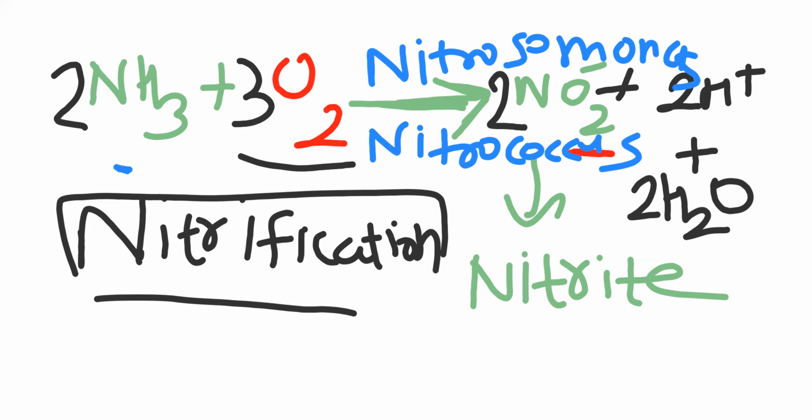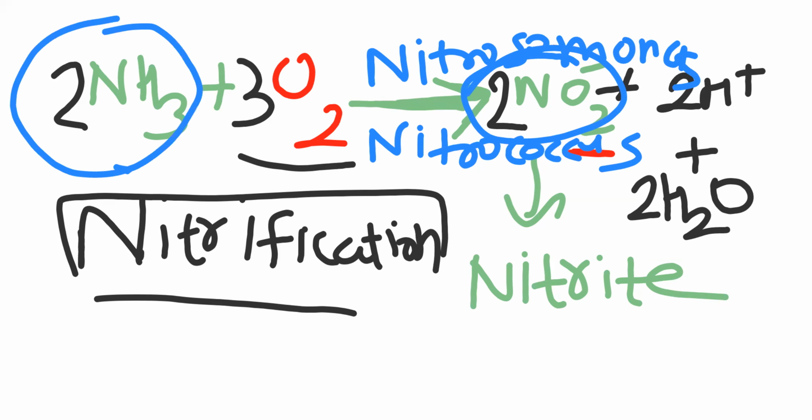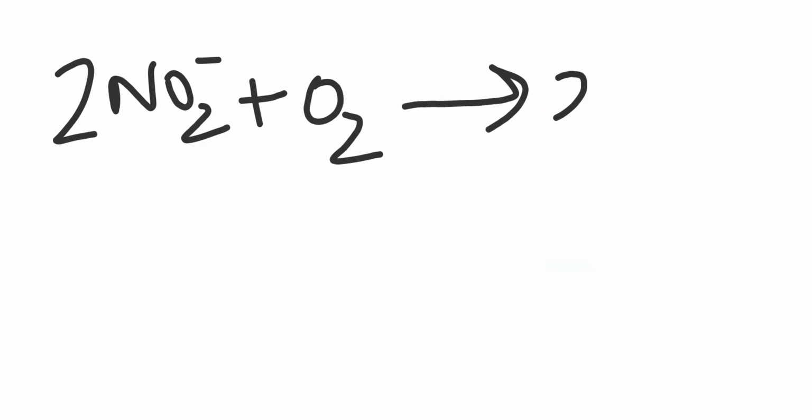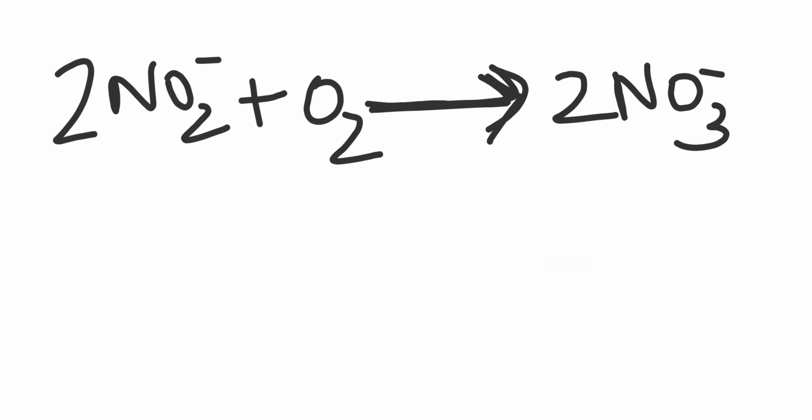Right? Remember. Let's go. Now on this nitrite, 2NO2 minus, further oxidation occurs. First when ammonia undergoes oxidation, nitrite is formed. Now the second step of nitrification. So the 2NO2 minus formed during the first step of nitrification further undergo oxidation and form 2NO3 minus. Right? This is the second step of nitrification.